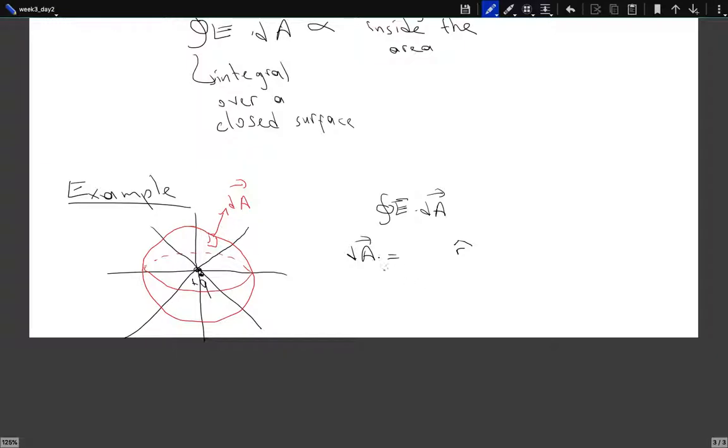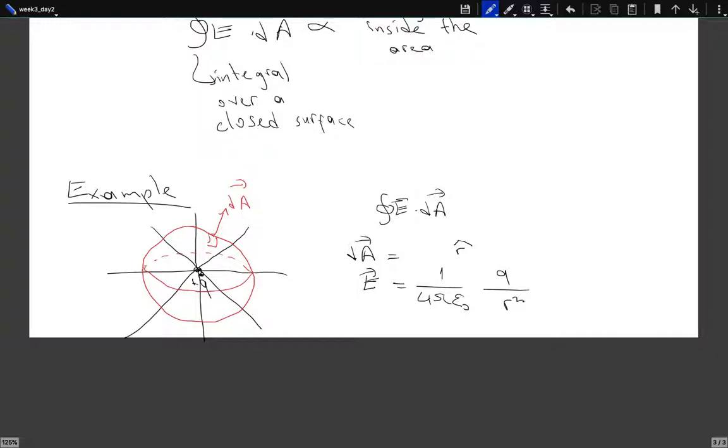Now, the electric field at this point is given by, what is the electric field? Well, k we had defined as 1 over 4 pi epsilon 0. Then we have the q over r squared. Well, it is a vector, the electric field.